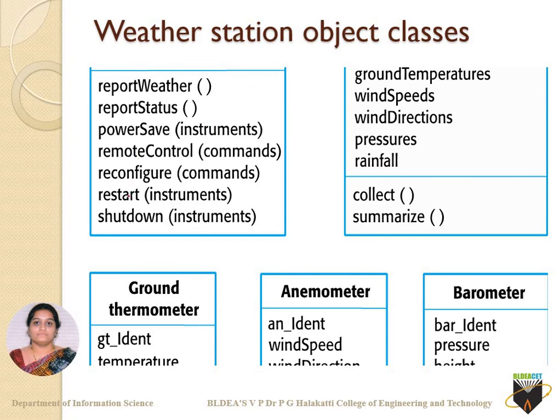For remote control and reconfigure, there can be commands. Whenever I have start or stop as a command, it works based on these user-defined functions. Apart from that, I have restart and shutdown, which again work through instruments as the respective argument.